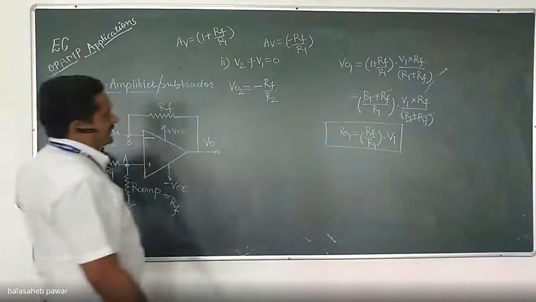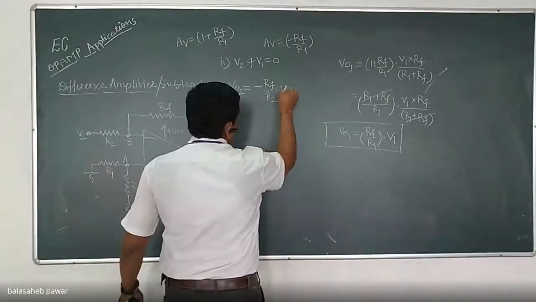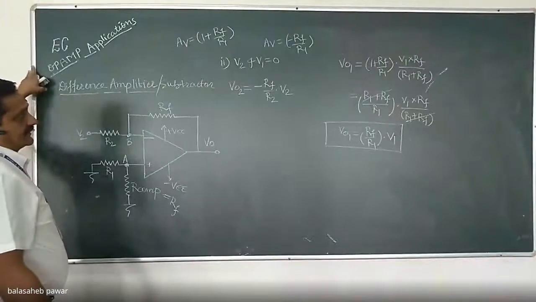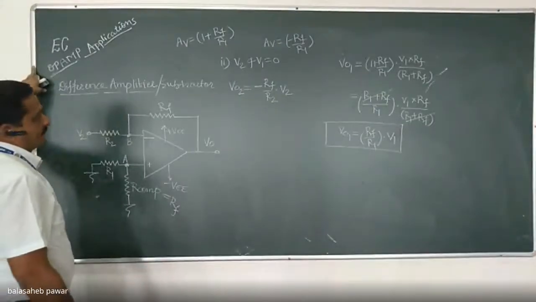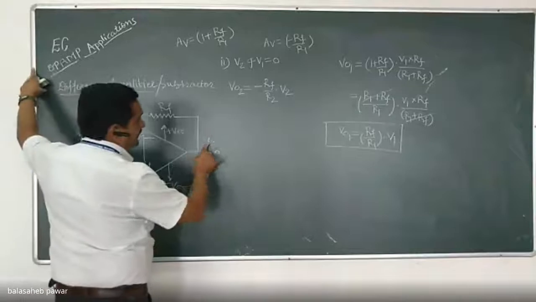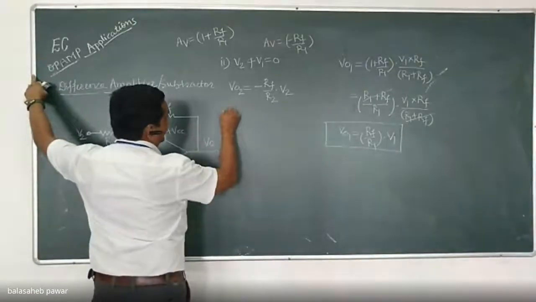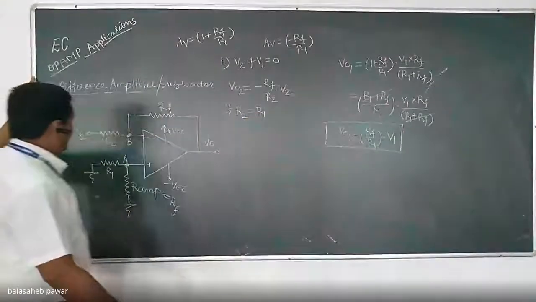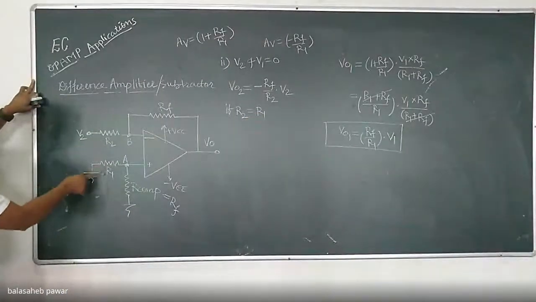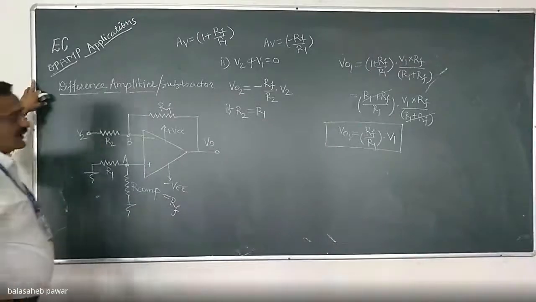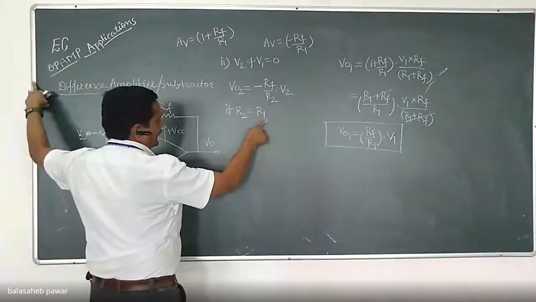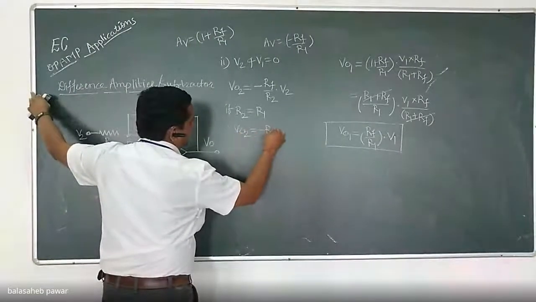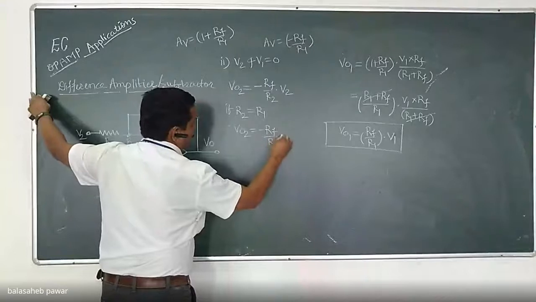So VO2 equals minus RF by R2 times V2. Now, before going to the net output voltage, we'll consider R2 equal to R1. That means these two resistors are of the same value. So I can replace R2 by R1. Therefore, we can write VO2 equals minus RF by R1 times V2.